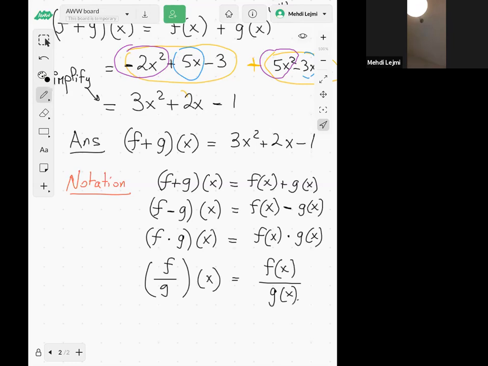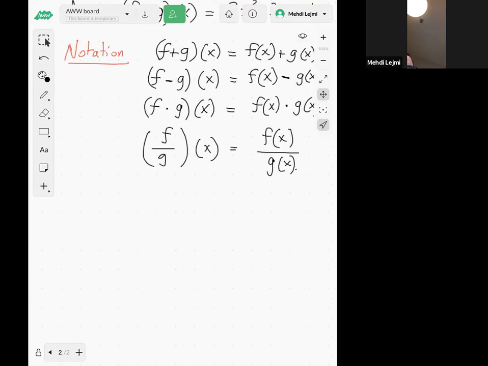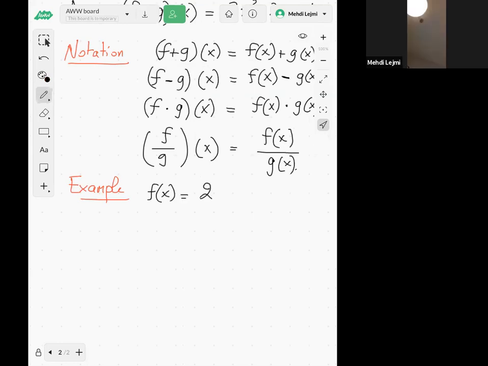Let me give you one more example, guys, because you have to be careful, like with the subtraction. So, for example, let's say you have f of x equals 2x cubed minus x squared plus 1, and g of x is minus x cubed plus 4x squared minus x.